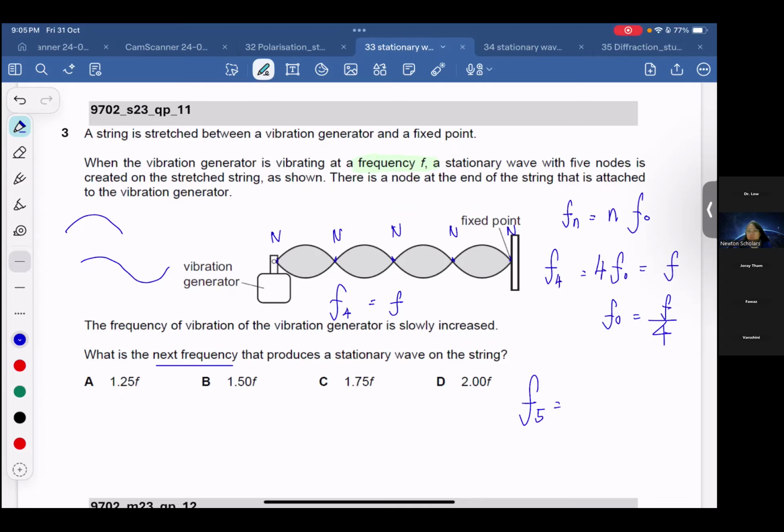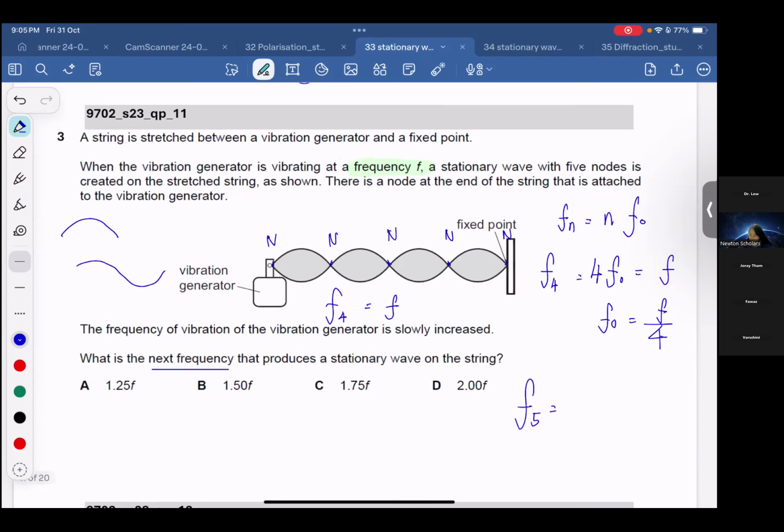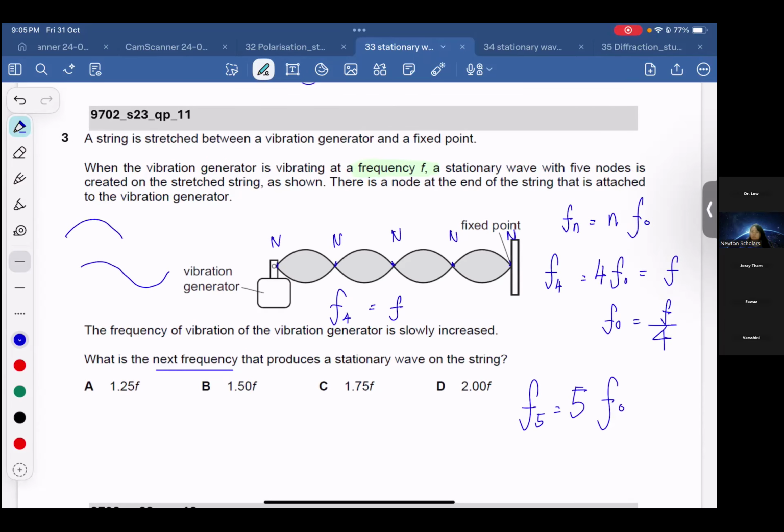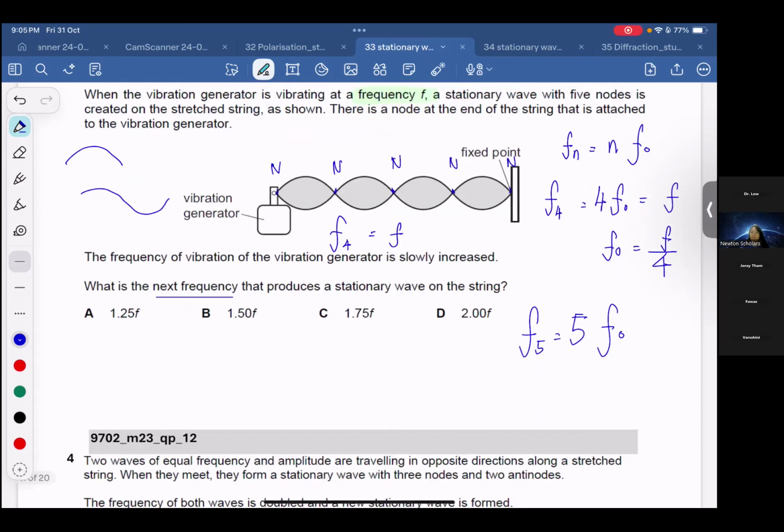Good job, correct. Relate it to f. 5f over 4. So your answer should be 1.25f. Is it okay? So boys and girls, is it okay? Okay. How about others?